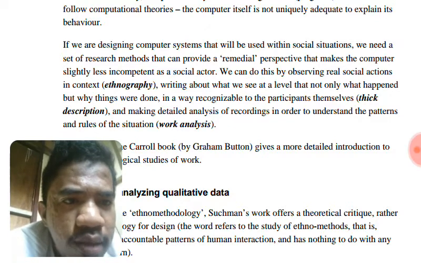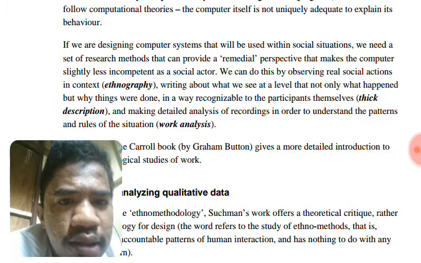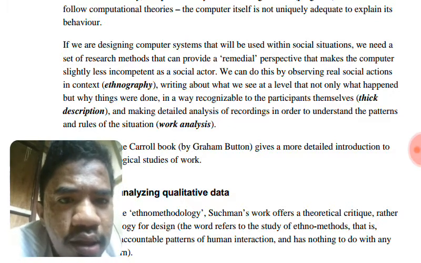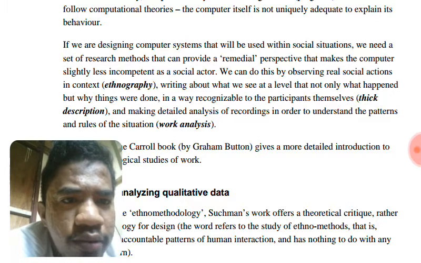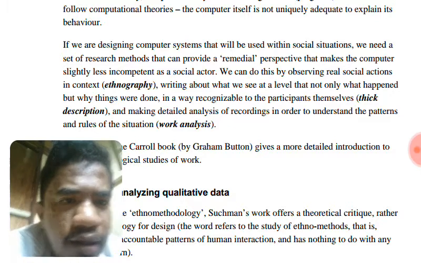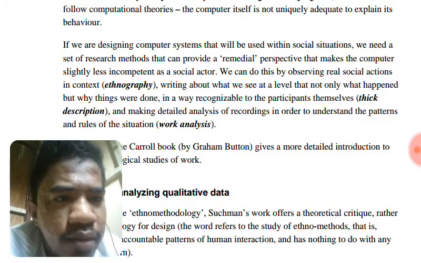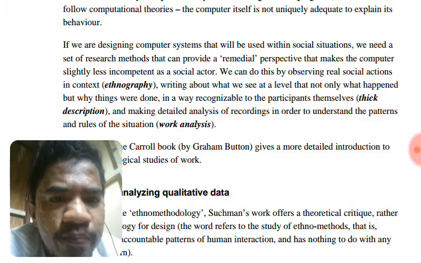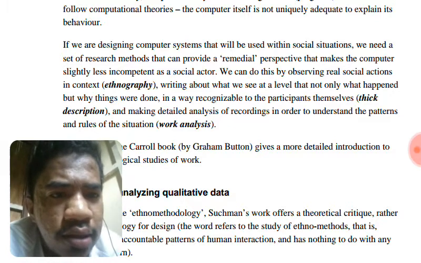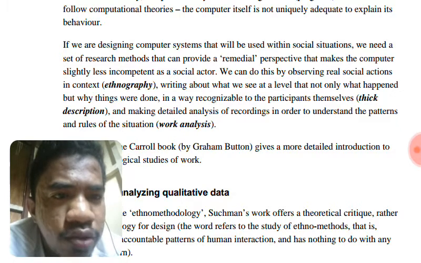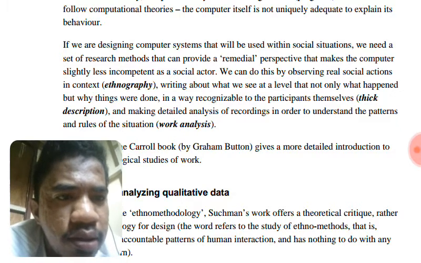We can do this by observing real social action in context, ethnography, reading about what we see at the level of not only what happened but why things were done in a way recognizable to the participants themselves.